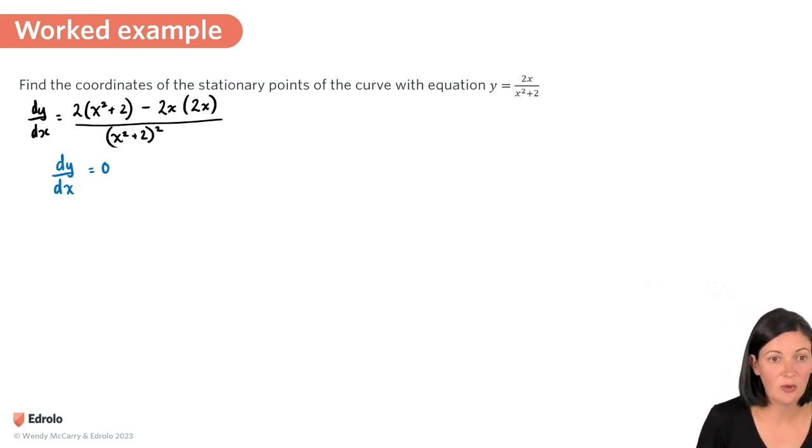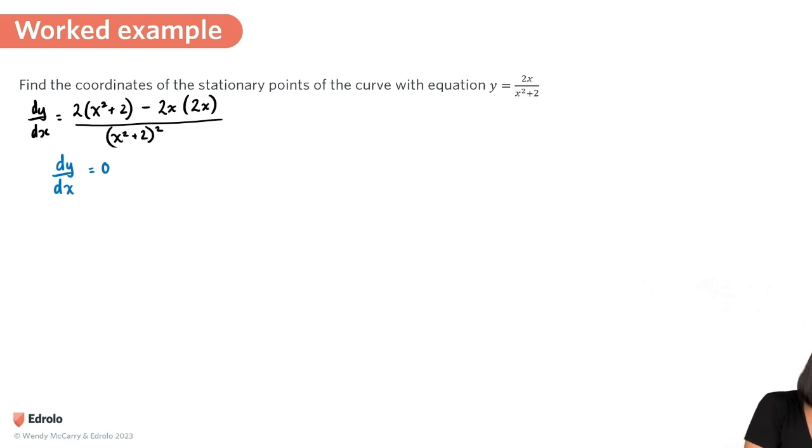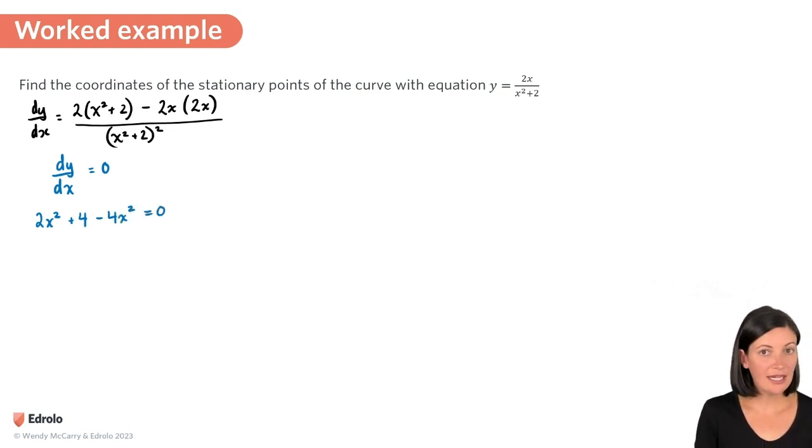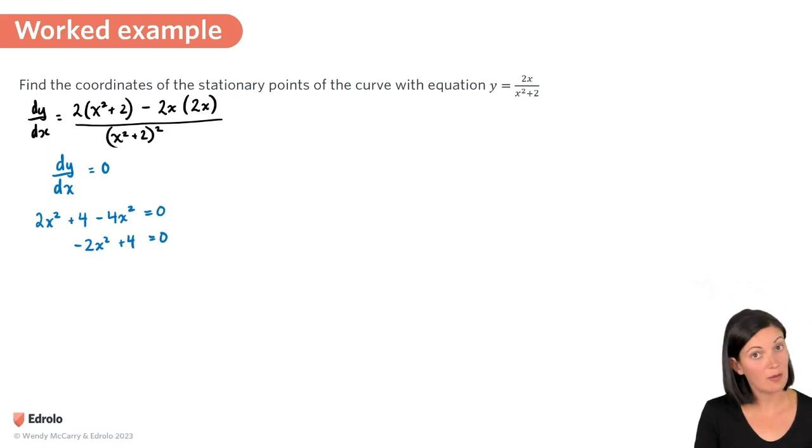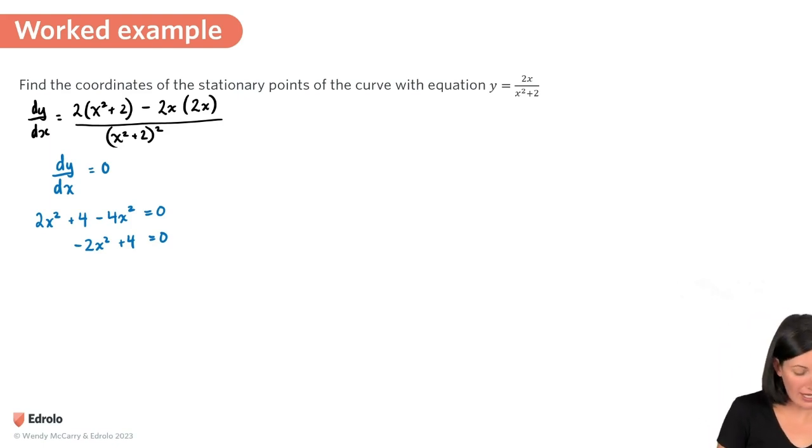So what we get in the numerator there, if I expand the brackets, is 2x squared plus 4 minus 4x squared equals 0. Okay, cleaning that up a little bit, I get minus 2x squared plus 4 equals 0, and we'll just do a little bit of algebra to solve for x.